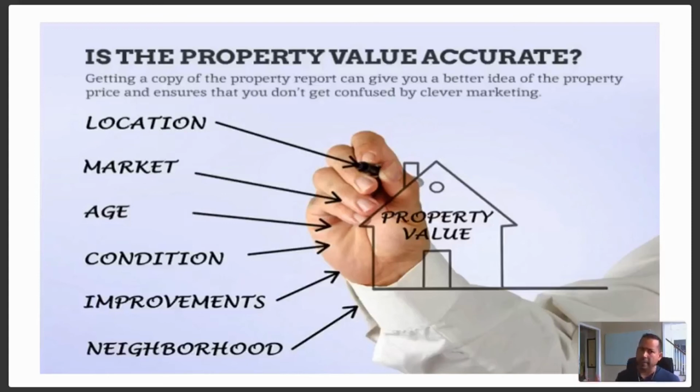With age being taken into consideration, you want a similar type property and a similar age. Let's say, thinking of deals we just did and one we're just looking at, there's a property probably built in the 1940s. Where I'm at, the 1940s, 50s, and 60s are pretty much the same house. There's not much difference to it.